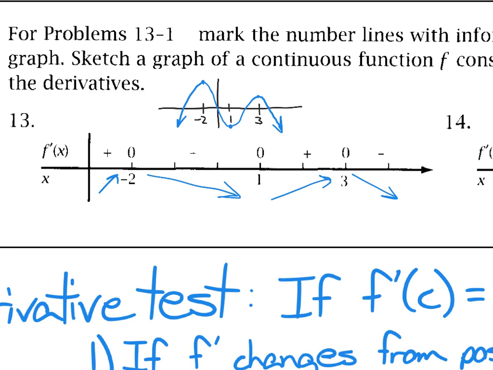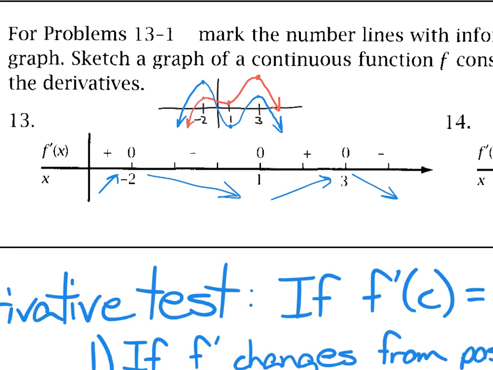Now, there's an infinite number of possibilities here. I mean, I could have made my maximum here, my minimum here, and my maximum here. You know, and I could have had it look something like this. Alright? Both of those would be valid sketches for this information.